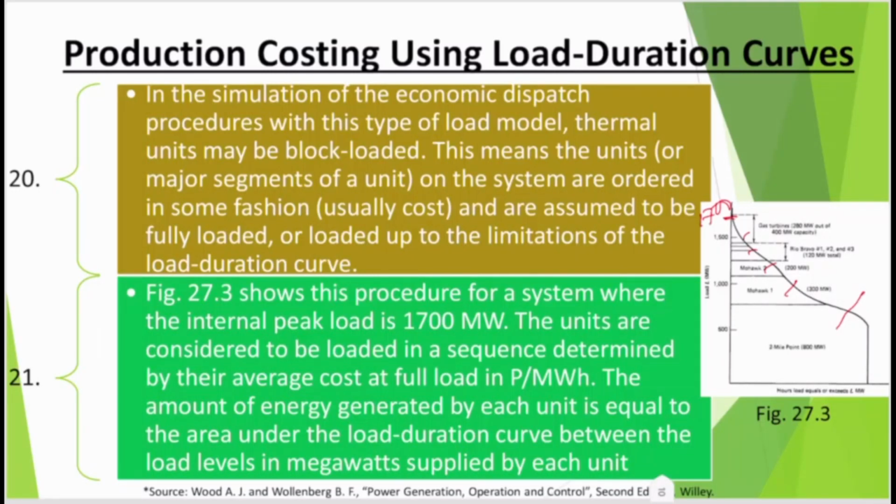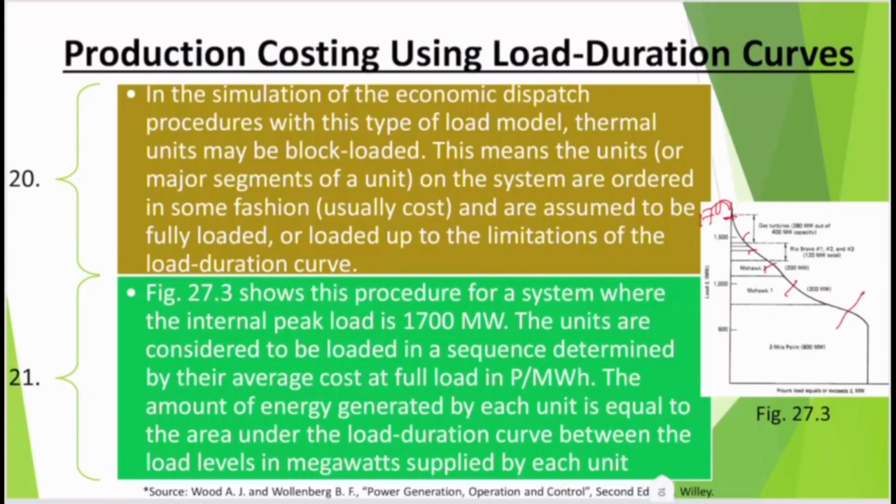The amount of energy generated by each unit is equal to the area under the load duration curve. So you have a unit of X megawatt operated for Y hours, which means XY megawatt hours, and that area of the power plant must fit into the required area of these characteristics.